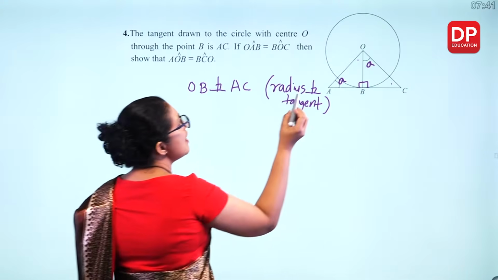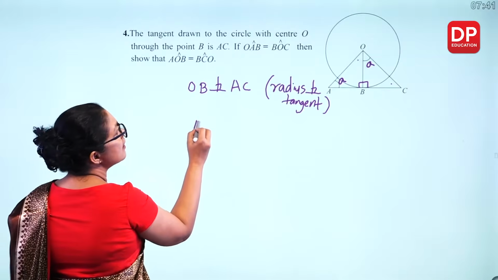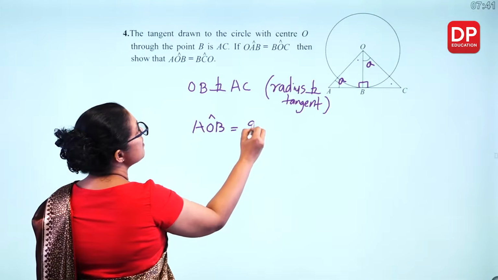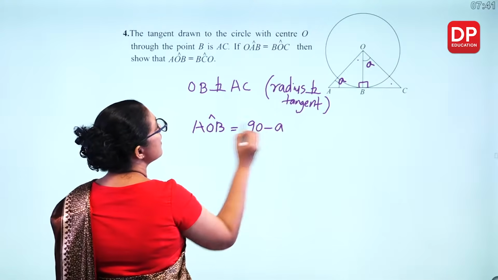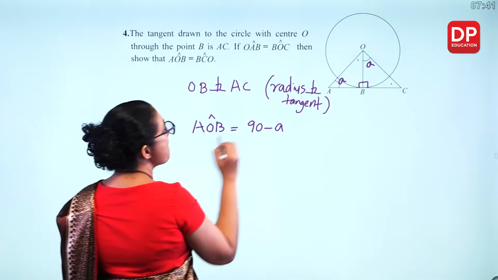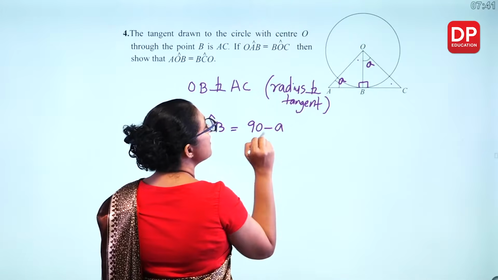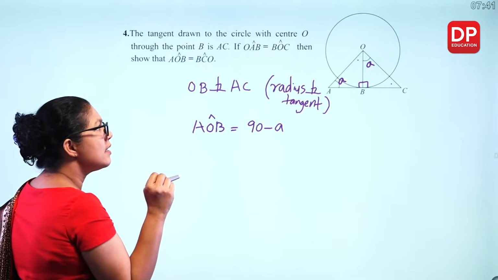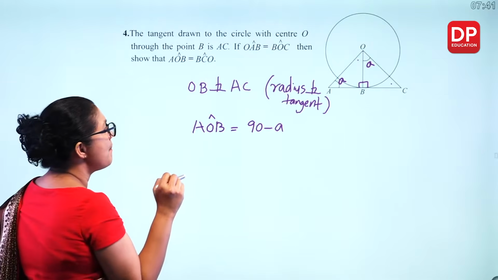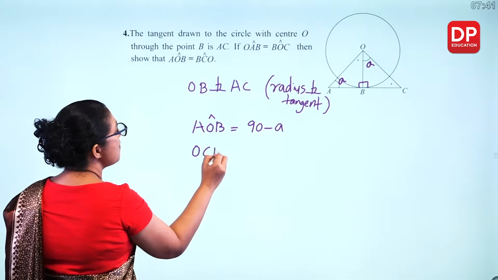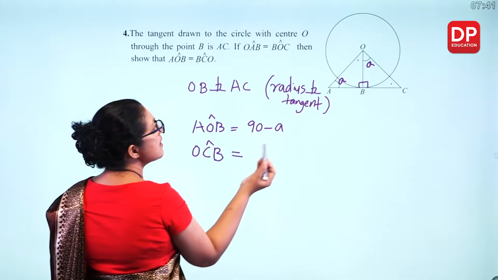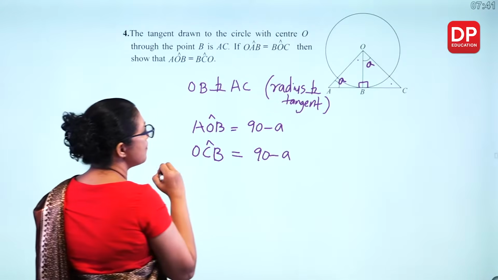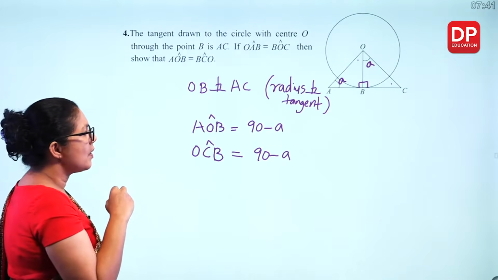So what is AOB angle? AOB angle is 90 minus A. Then according to OBC triangle, what is OCB angle? OCB angle is again 90 minus A. So these are equal.